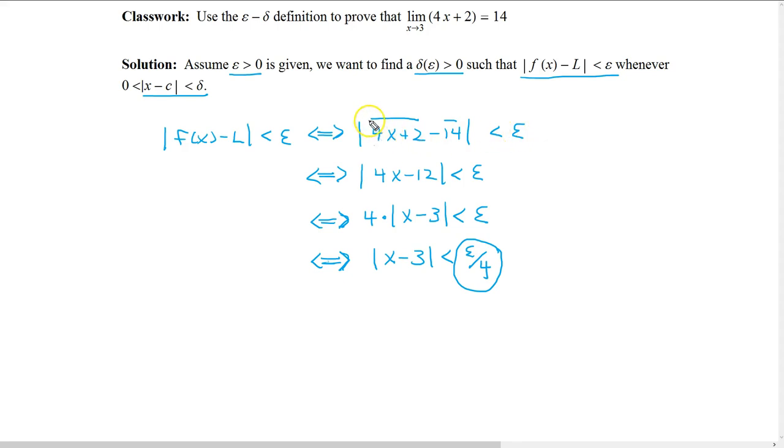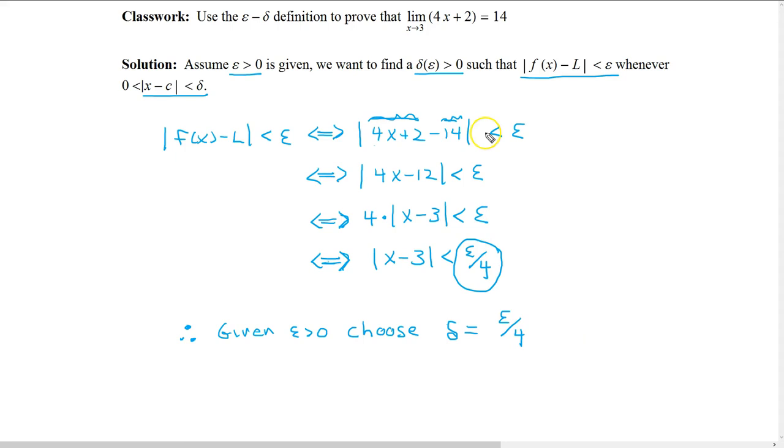This being your f of x right here, and this being your L right there, the 14. All right. And so then you would say, just to clean things up, therefore, given epsilon greater than 0, we would choose delta to be epsilon divided by 4.